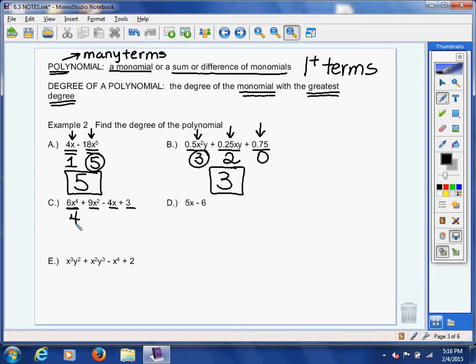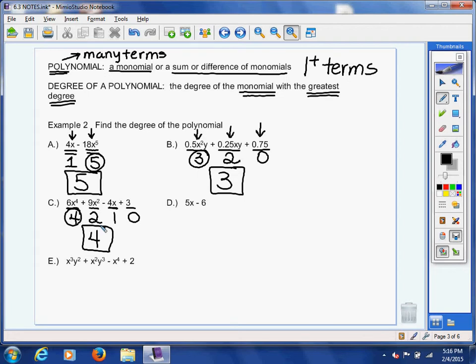X has a 2 exponent. That's the degree of that monomial. Let's go over here to 4x. X has an understood 1 exponent, and that's the degree of that monomial. And then 3 is a constant number, and all constant numbers have a degree of 0. So you have 4 numbers to choose from. Which of those 4 numbers is the biggest? You're right, 4. So that's the degree of the entire polynomial.